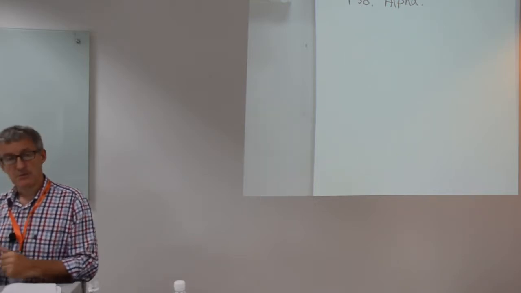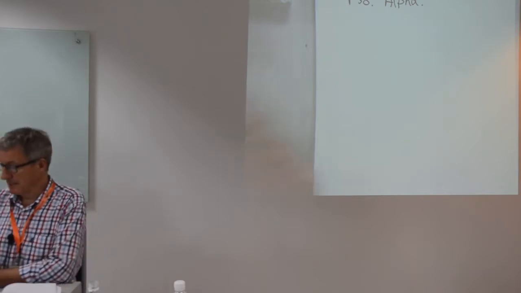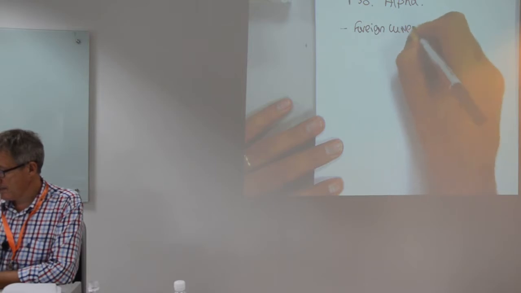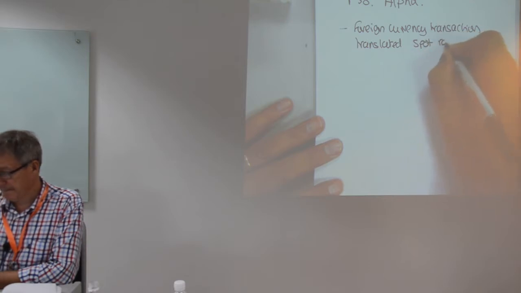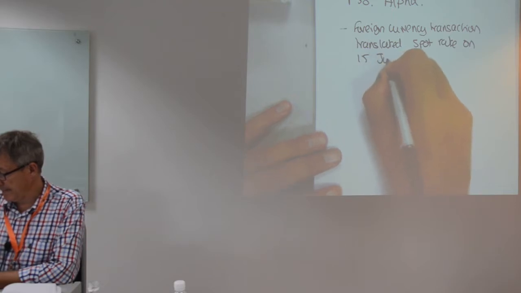So, before we get to the punchline, let's build up our story, let's build up our marks. We have a foreign currency transaction which will be translated at the spot rate on the 15th of July.